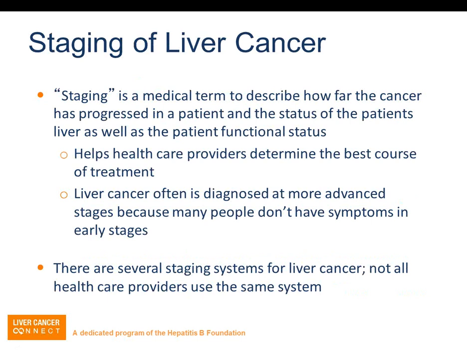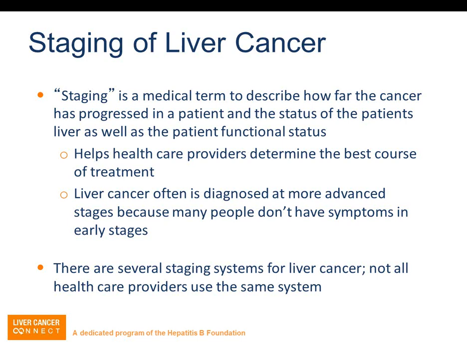Staging. We want to know if it's early, middle, or late. Is it local? Is it spread locally? Is it spread regionally in the abdomen, around the liver? Is it spread throughout the body? So we stage patients. And it's not just staging the cancer because liver cancer operates in the background of liver disease. So we stage the liver disease. And most importantly, we're looking at a patient.